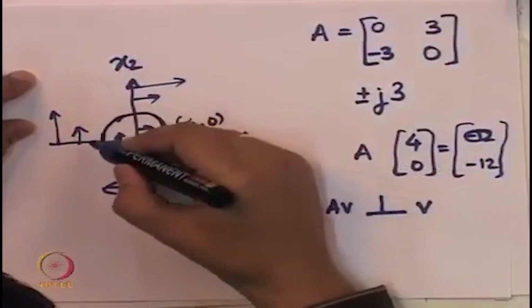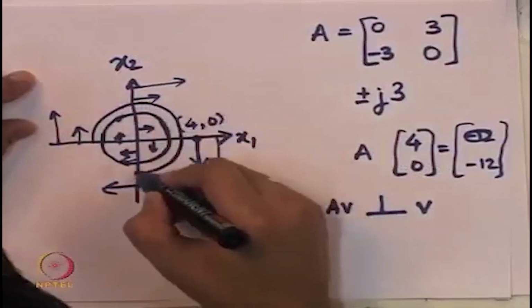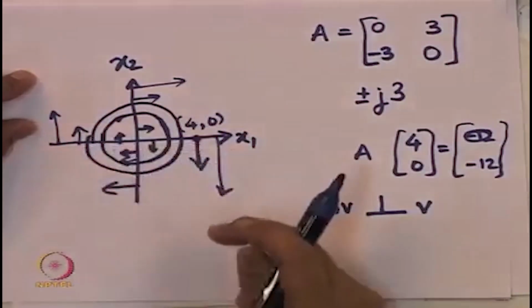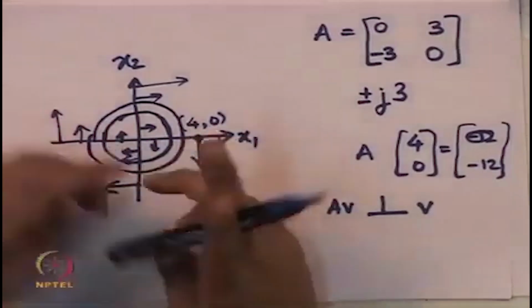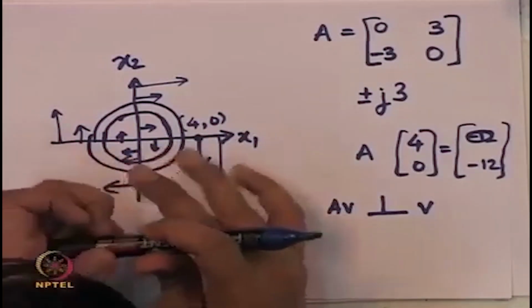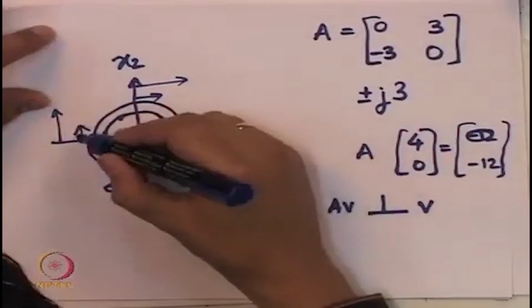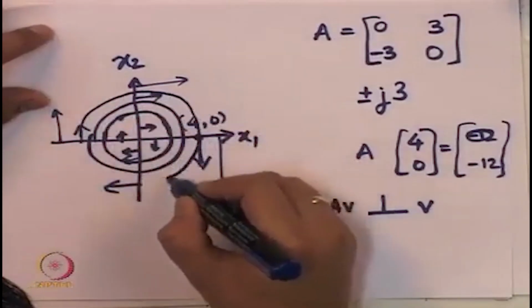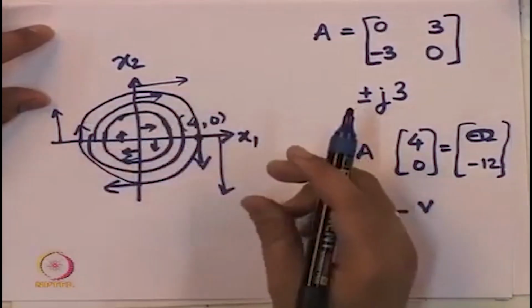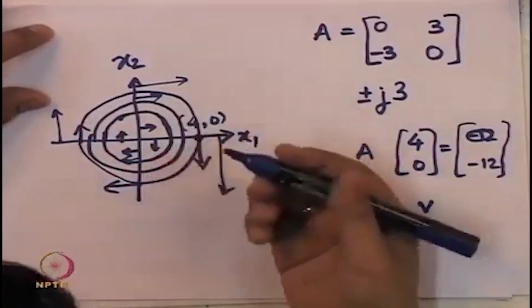Another important point to note here is that we have a collection of periodic orbits. For each initial condition, the radius, the distance from the origin, decides which periodic orbit it is. The x1, x2 space itself is made up of periodic orbits which are all very close to each other, which form a continuum.